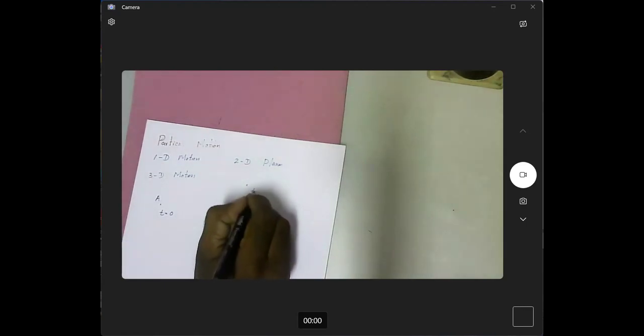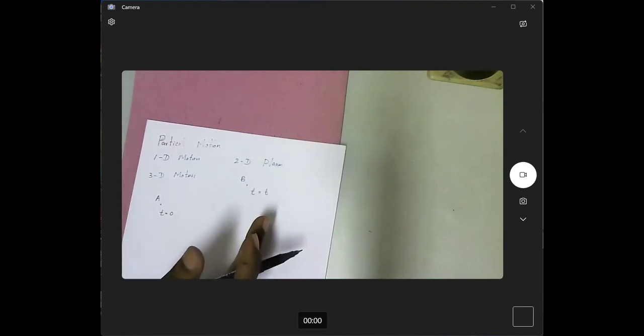You can see that at one instant, let's say time t equals 0, the particle is at A, and after a certain time, the particle is at B. Now, if you want to know how much it has changed when it goes from A to B with the time difference, we need to know where we measure the change that has happened with the position of the particle. That means we need a coordinate system.